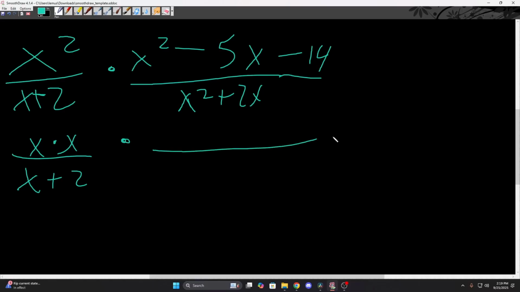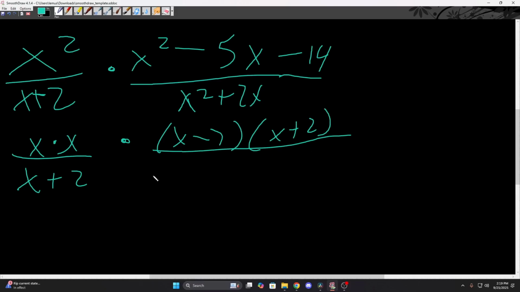So AC method here, it would be x minus 7 and x plus 4. Wait, no, I'm wrong on that one too. Hold on. I'm not thinking right now. It should be x minus 7 and x plus 2. I was thinking about a different question.